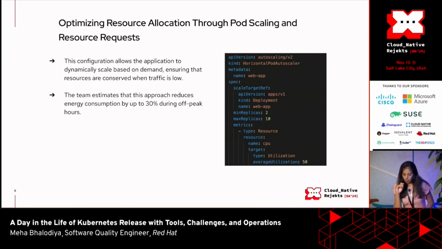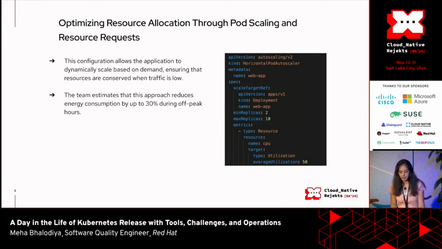Efficient allocation of resources such as CPU, memory, and storage ensures that workloads consume only what they need, right? Minimizing idle resource usage. This strategy is central to ecological consideration in Kubernetes, as it directly impacts energy consumption across the whole cloud infrastructure. Now let's take a real world example.